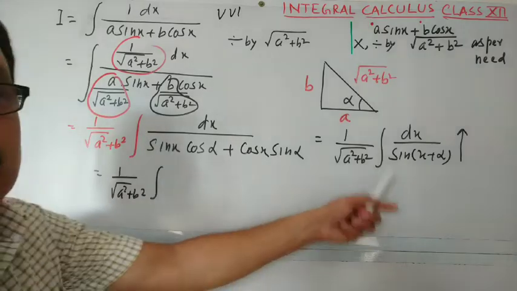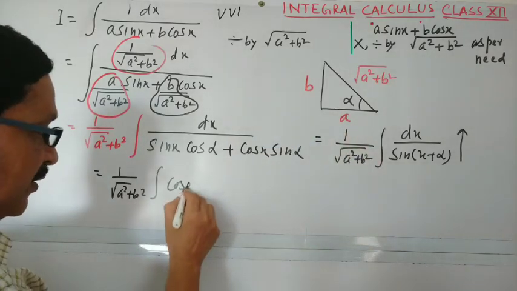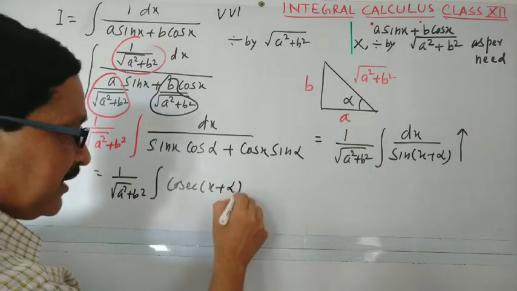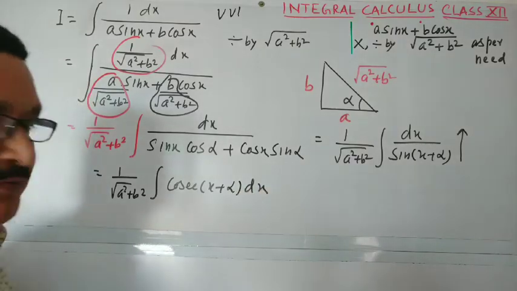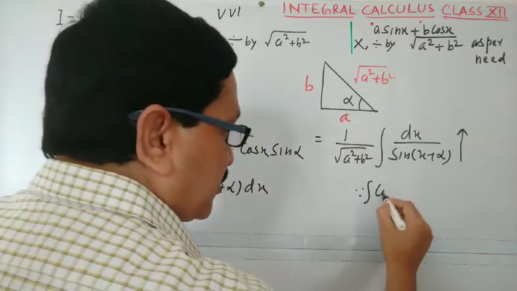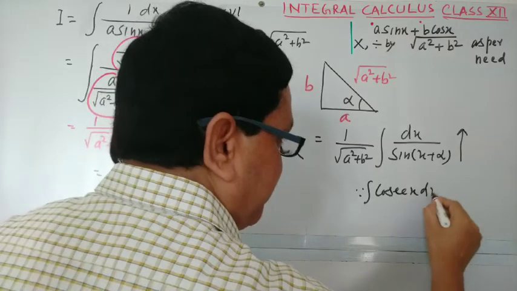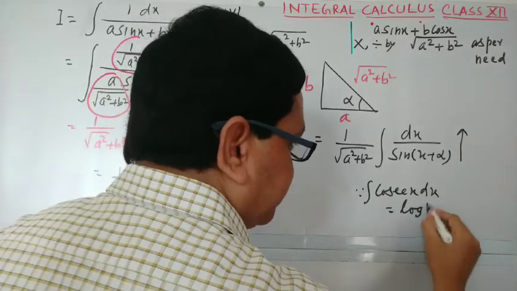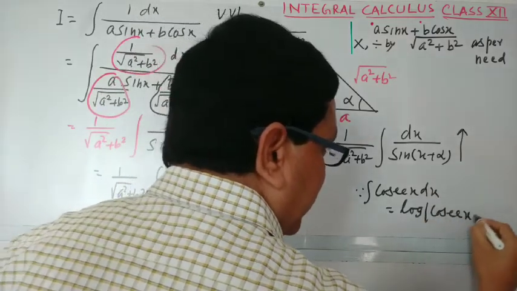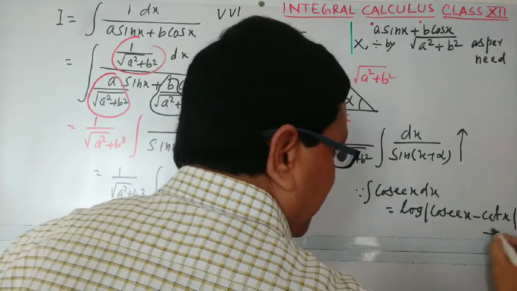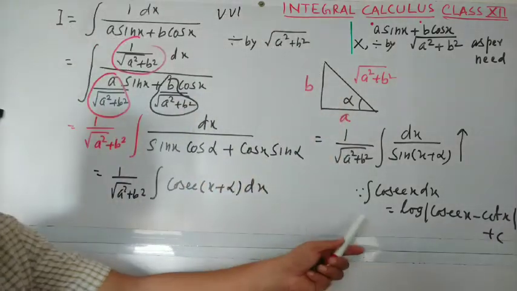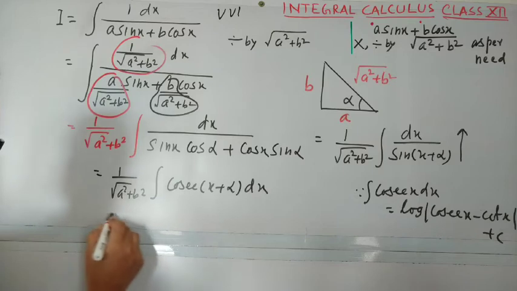Integration of this becomes cosec x plus alpha dx. And we note that integration of cosec x dx is equal to log of cosec x minus cot x plus constant. Now on the basis of this formula, write the answer.